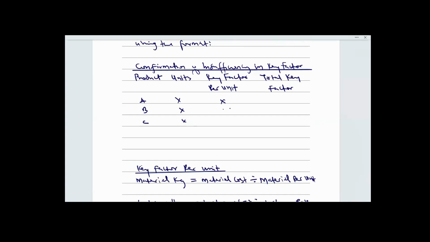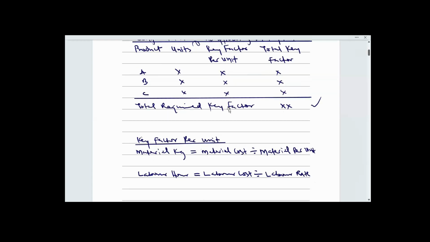Then you add up all the total key factor. This represents the total required key factor. Whatever you have here is what is needed for production.